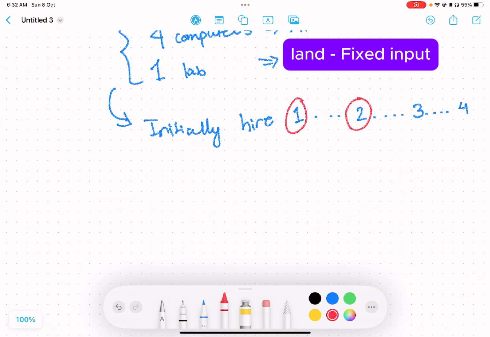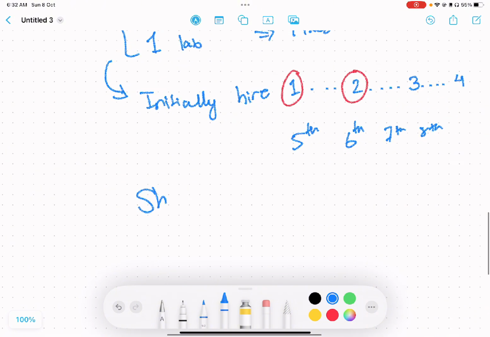But once you start adding more and more, so let's say you add the fifth guy and then the sixth, the seventh and the eighth, what is the problem? Now they have to share the computers, right? If they have to share the computers, that means each person has less time with each computer, so they have less time in which they can work.